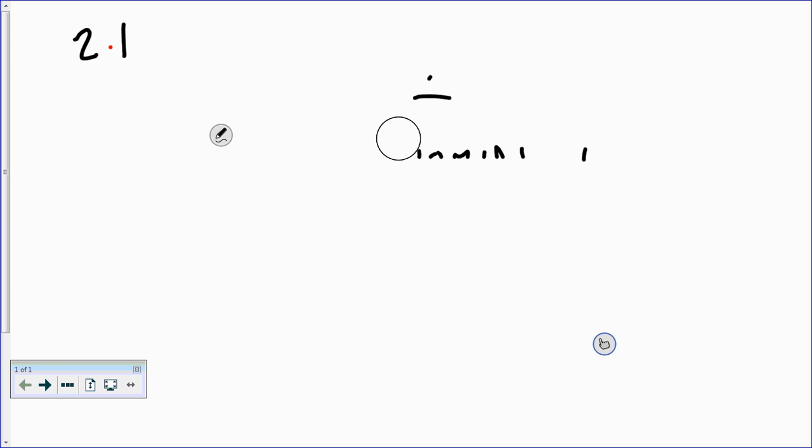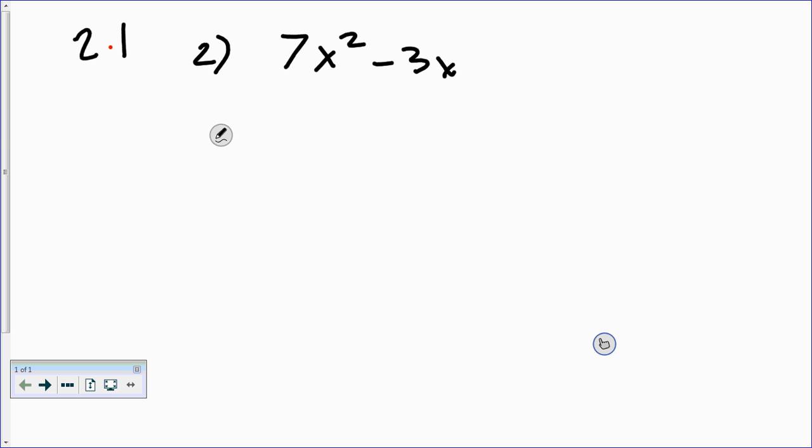All right. Next one, number 2. Says we have 7x squared minus 3x plus 2. This is, again, 1, 2, 3. Remember, your addition and subtraction is what separates terms.